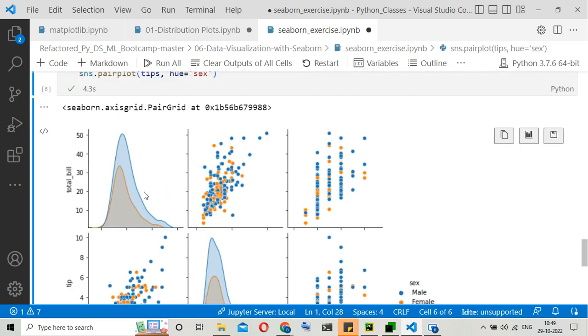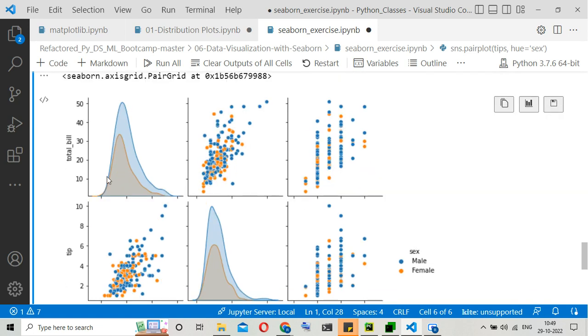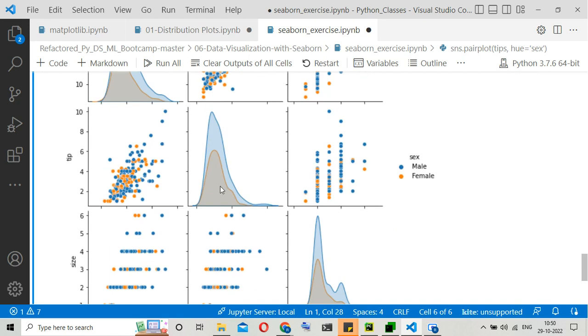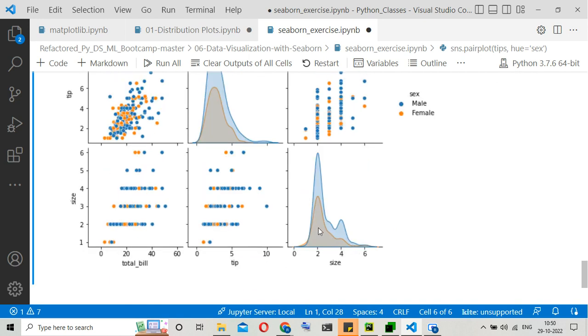You can see female is the orange, the lighter version, meaning they are spending very little, and you can find males are spending too much. From total bills, you can see the same for tips and size also. Mainly the majority of groups are two people in size.